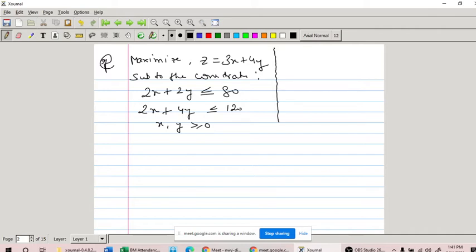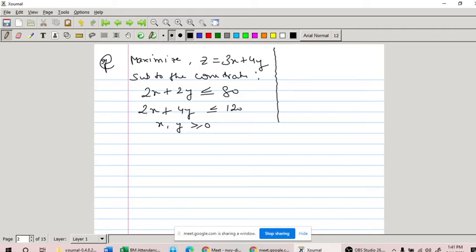Now the first point towards the solution of this problem is to determine the feasible region. So what we'll do, we'll try to get some coordinates, we'll try to plot these constraints on a graph paper. We have done this practice in the past also.